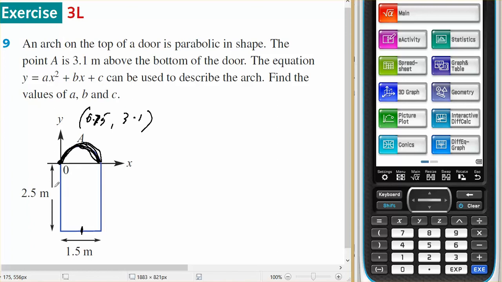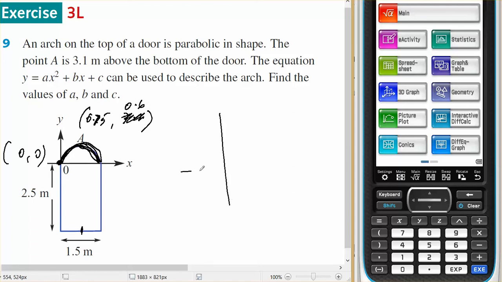This point here I'm going to call 0, 0. And that's 2.5, that's 0.6.